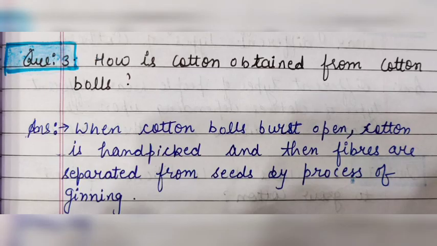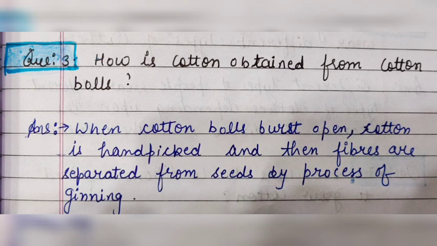Okay. Question number 3 is, how is cotton obtained from cotton balls? And the answer is, when cotton balls burst open, cotton is handpicked and then fibers are separated from seeds by the process of ginning. As you all know, every year during the spring season, new cotton seeds are planted.